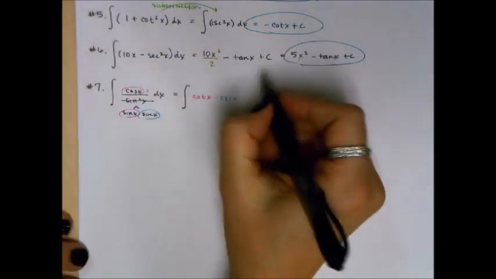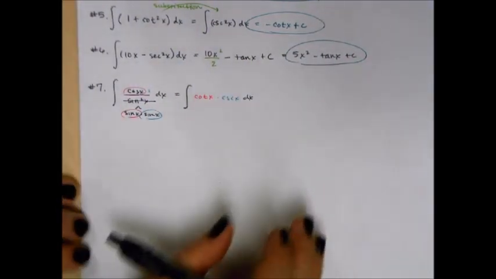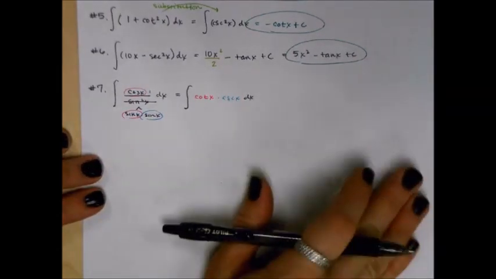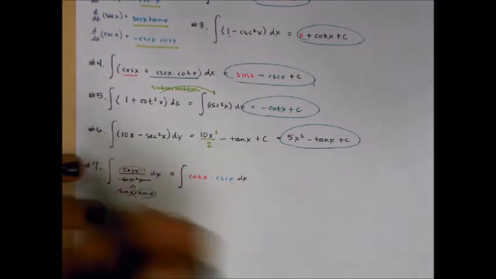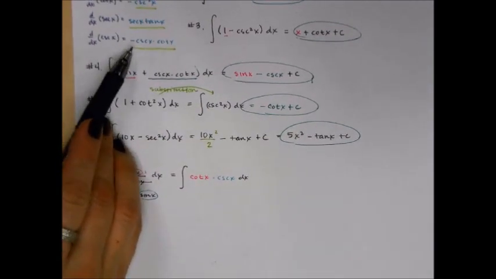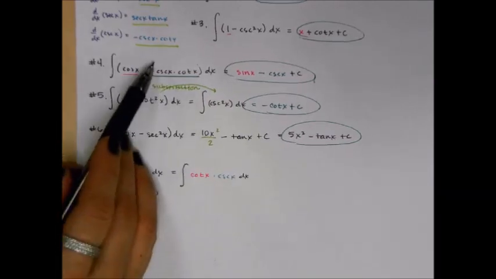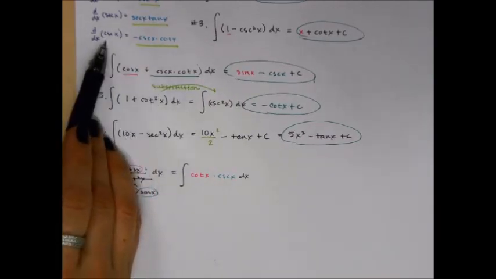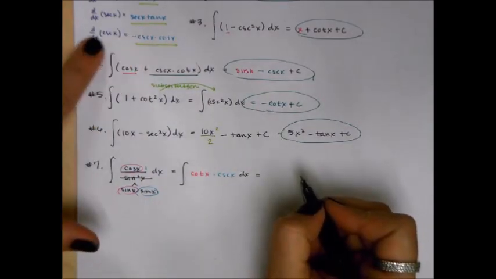And so I'm looking to see if cotangent times cosecant is one of my answers here in my list. So cotangent times cosecant is one of my values, although it is followed by that negative. So again, with the negative, if it's missing here next to it, then it must be on the other side in my answer. So this will integrate back to negative cosecant plus c.